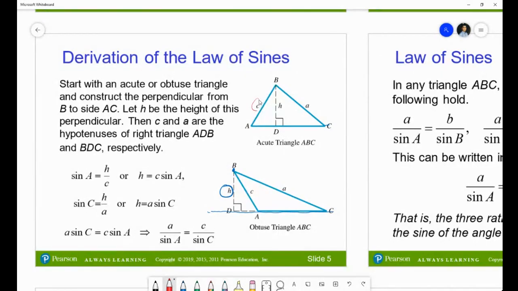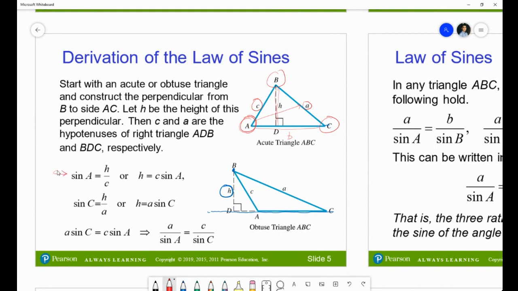For example, side C, lowercase c, angle C. Side A, lowercase a. So over here, this distance, we would call that side B, okay? Because here the vertex is B. So in order to figure out the ratio between angle A and side A, we use the height in order to determine what that is.